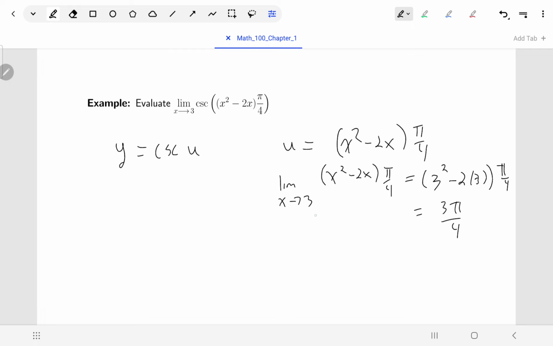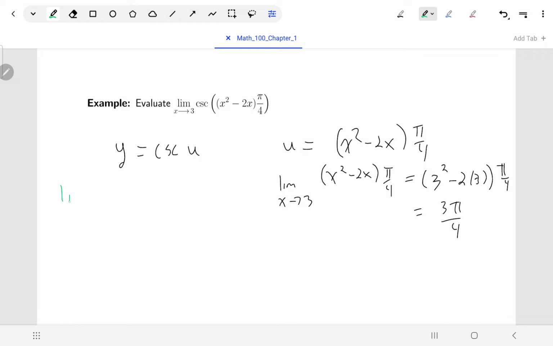So as x goes to 3, u goes to 3 pi over 4, and I ask myself, for cosecant of u, what happens as u goes to 3 pi over 4? Does that limit exist? So I need to remember that cosecant has its vertical asymptotes at places like 0 and pi and 2 pi and 3 pi and all the negative ones of those. So that means that 3 pi over 4 is definitely inside of its domain.